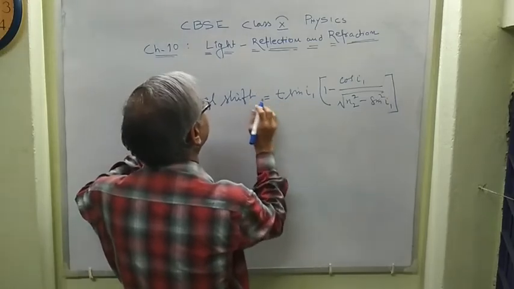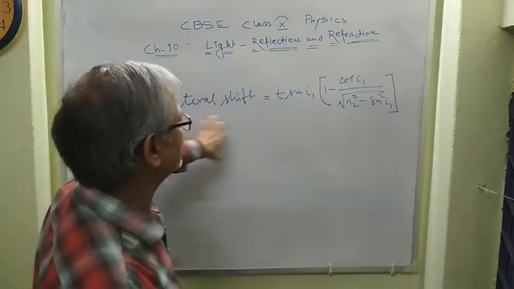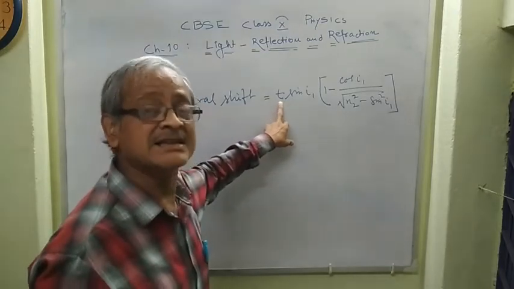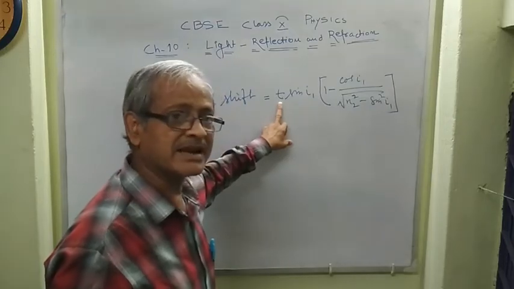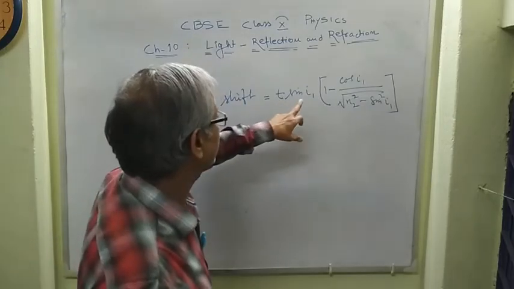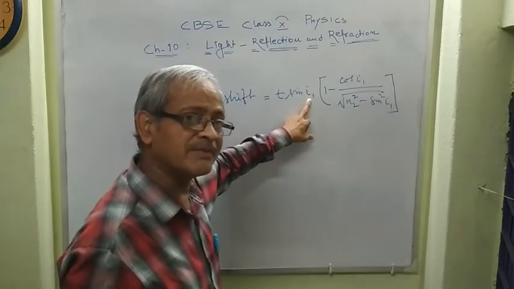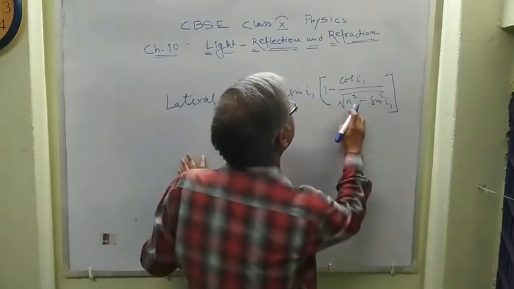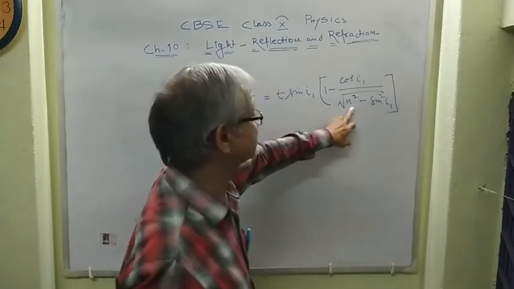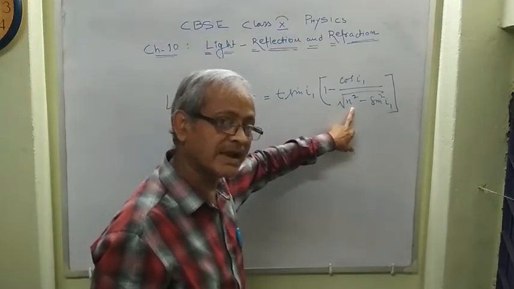Lateral shift equal to T sine I1, where T is the thickness of the rectangular glass slab, I1 is the angle of incidence, right? And n is the refractive index of the material of the glass slab, right?